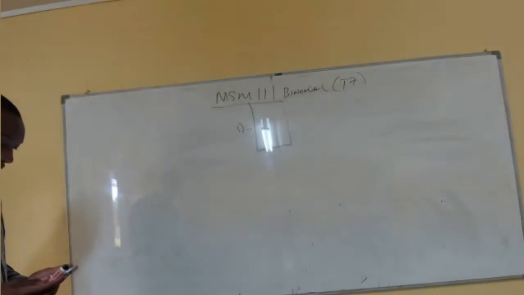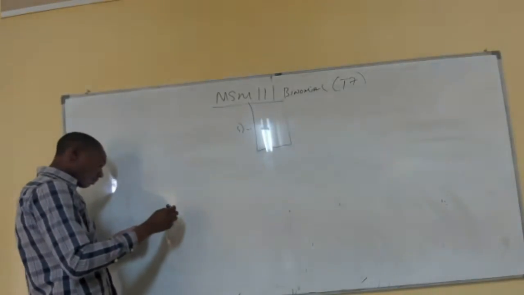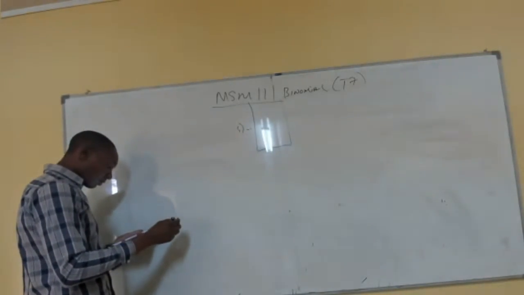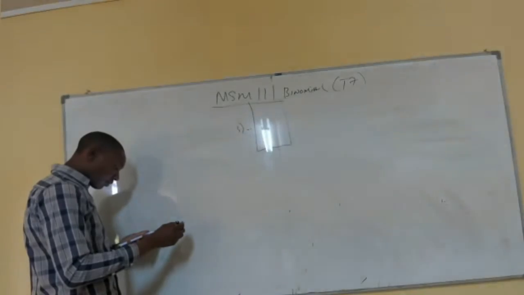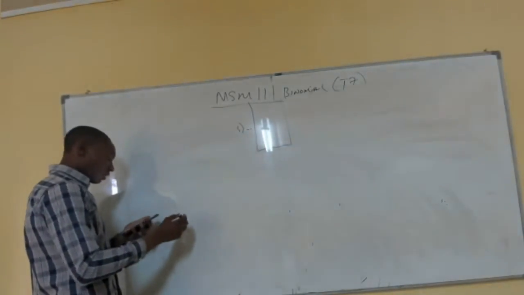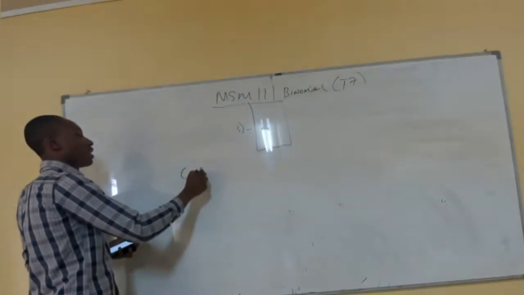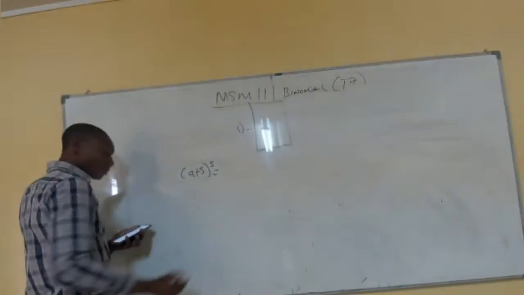Right, so you've been told write down the expansion of 2 plus, this is question 4. Or let's start from question 3. So question 3, we've been told a plus b to the power 5.